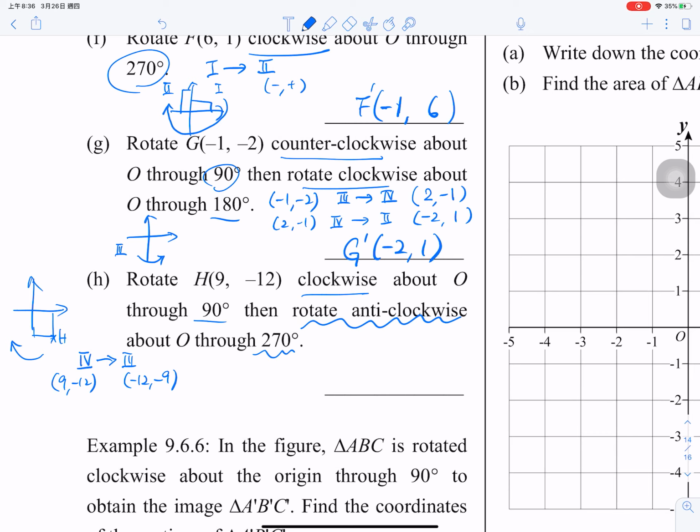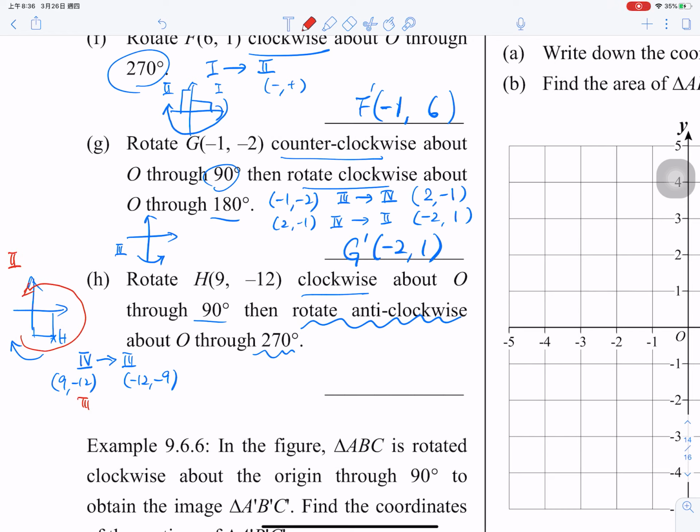And the next one, anti-clockwise 270. That means here, to quadrant 2.